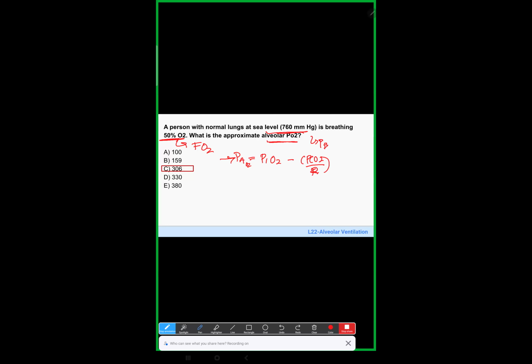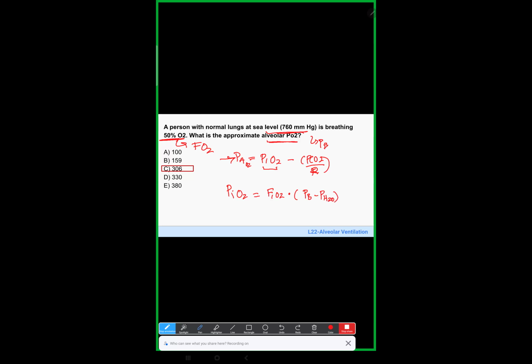But we also don't know what the inspired PO2 is, so we use another equation. The inspired PO2 is equal to the fraction of inspired oxygen times the barometric pressure minus the pressure of water.